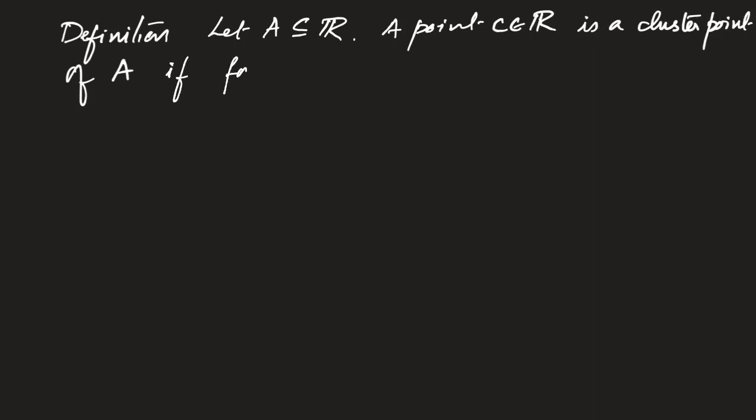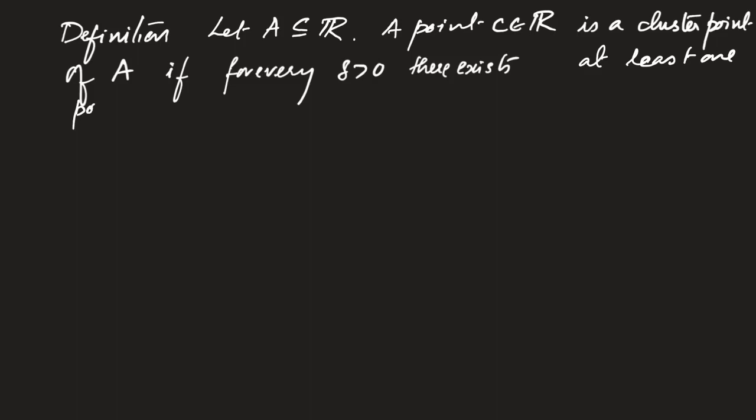A point c in R is a cluster point of A if for every delta greater than 0 there exists at least one point x belongs to A such that 0 is less than mod of x minus c is less than delta.